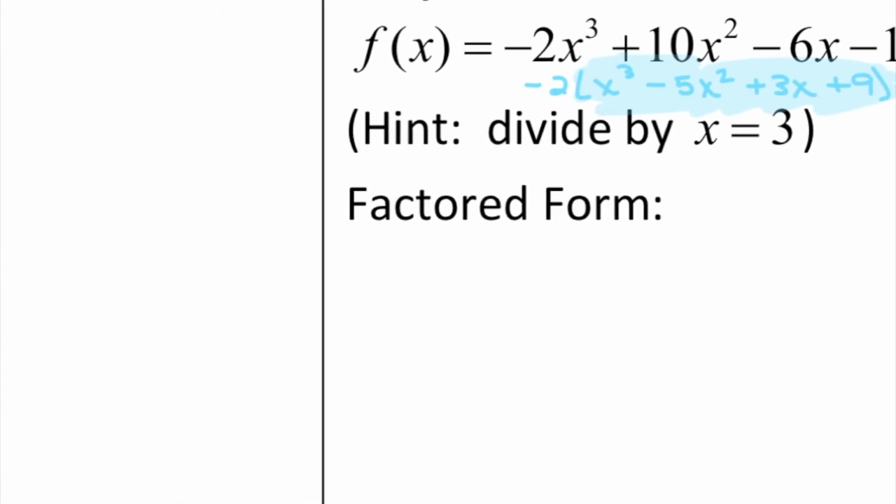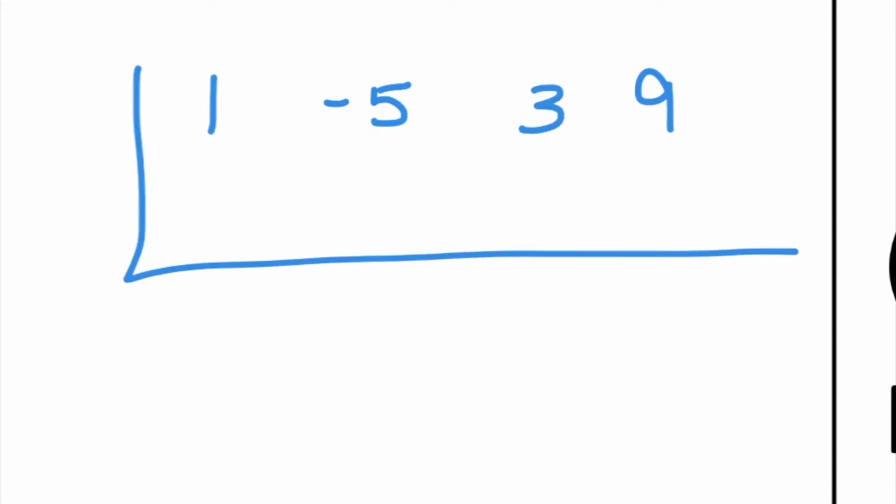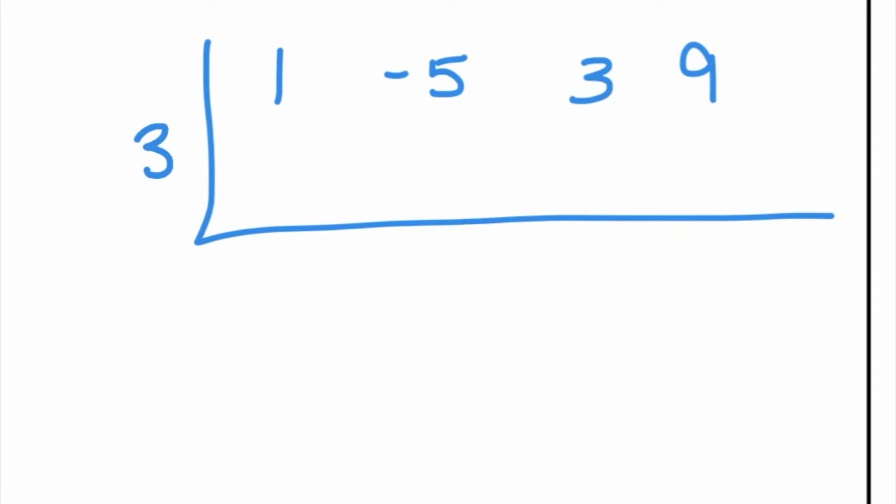And so over on the side here, I'm going to write it out, and it says there to divide by x equals 3. So bring down the 1, and that's negative 2. Negative 2 times 3 is negative 6.